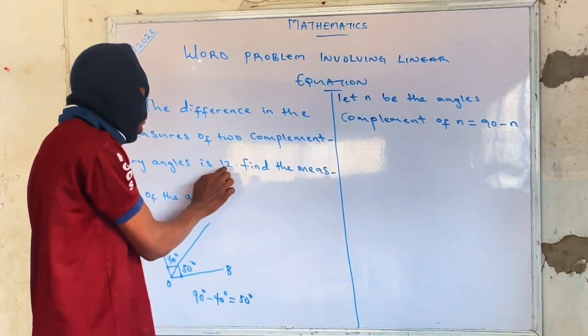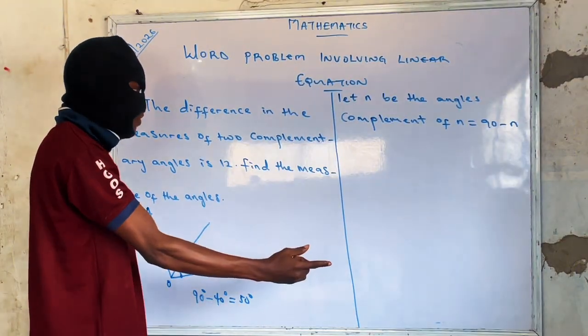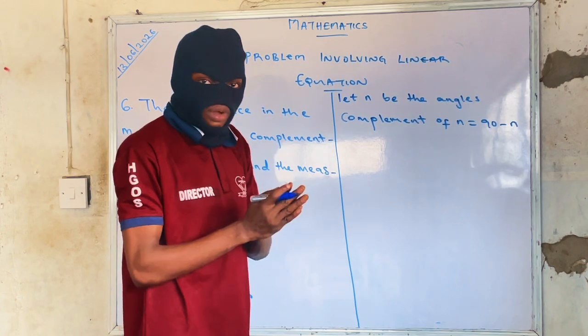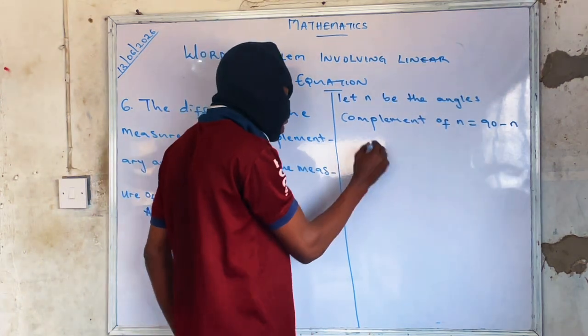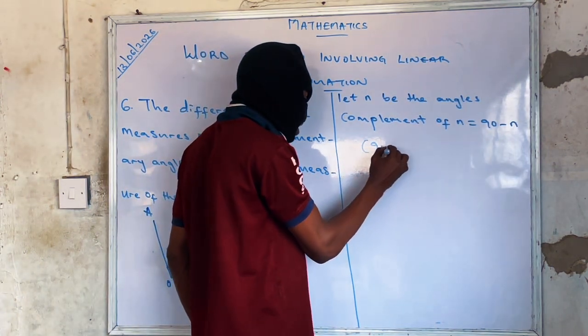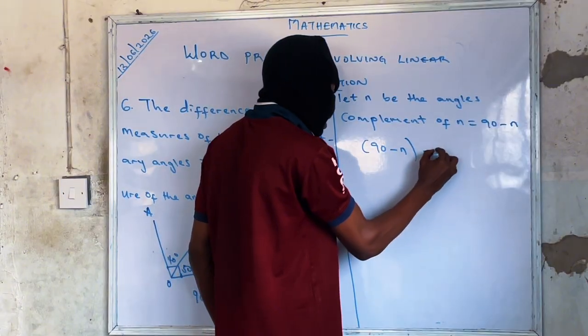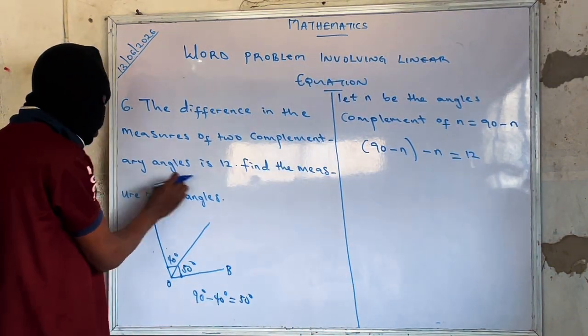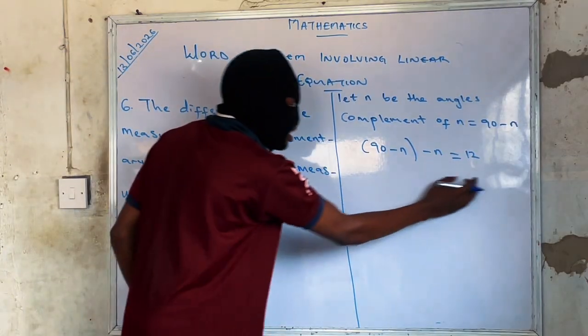Now it gives us that their difference is 12. How do we go about that? Since we are dealing with difference, which is minus, it's now 90 minus N equals 12.